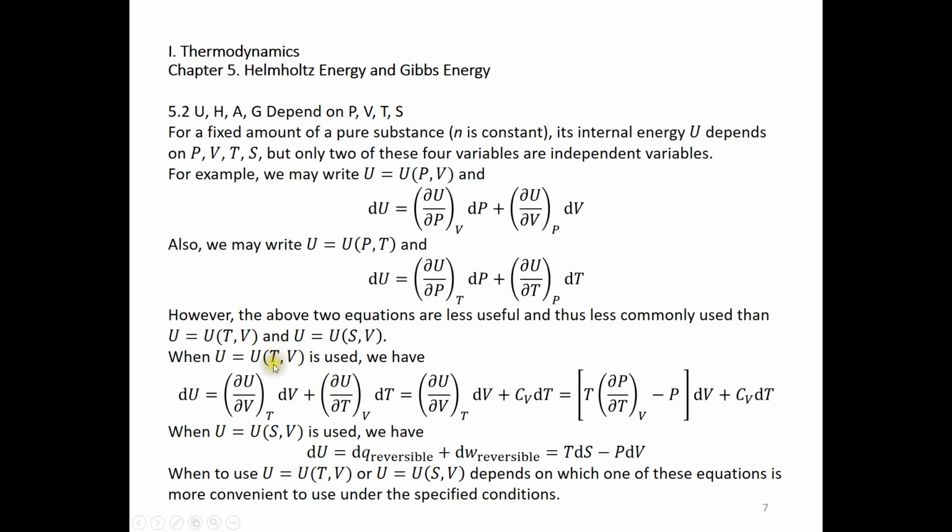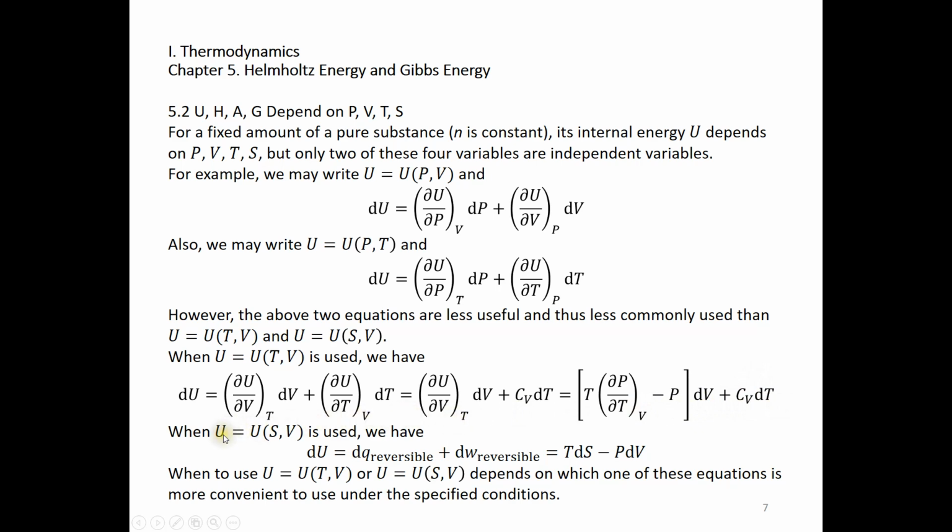Again, this is convenient when we view U as a function of temperature and volume, because we have something with physical meaning, easily measurable in front of dV, and this C sub V is also easily measurable, and it can be determined for the substance fairly easily, and then we can study how U depends on V and T.